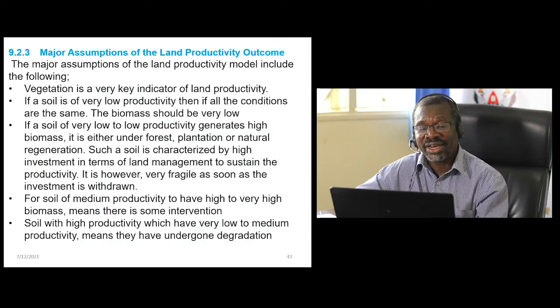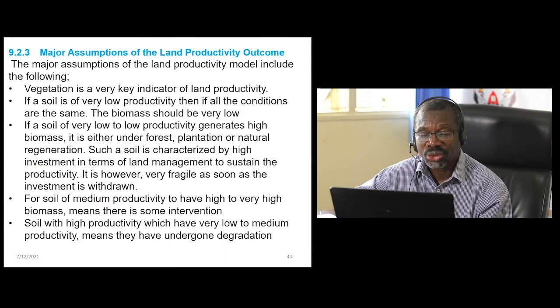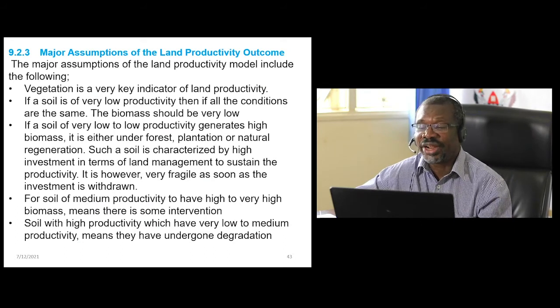So we had a number of assumptions in generating these models. The first assumption is that vegetation, of course, is a very key indicator of land productivity.